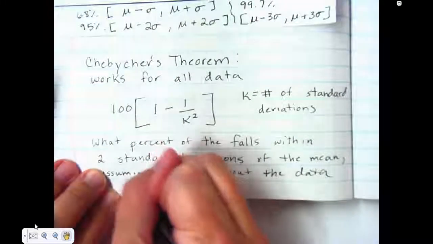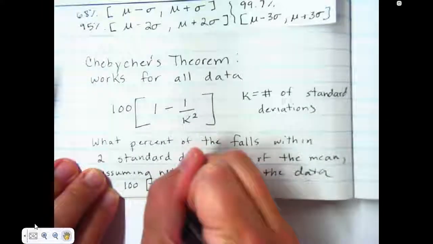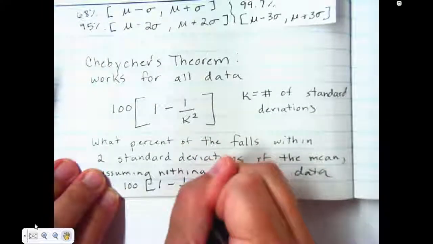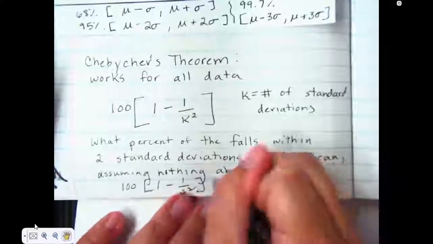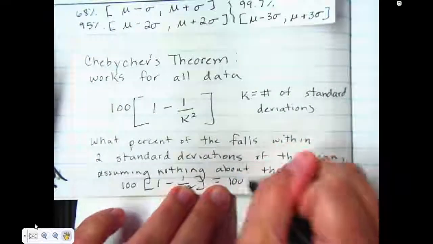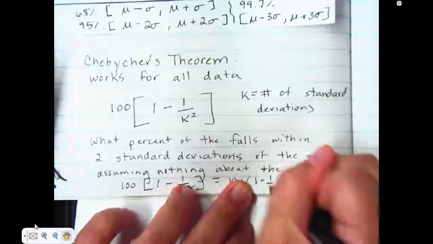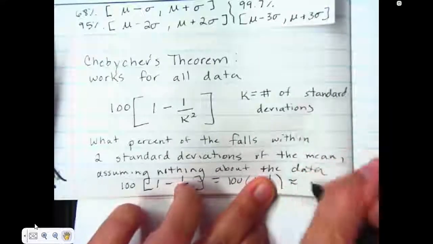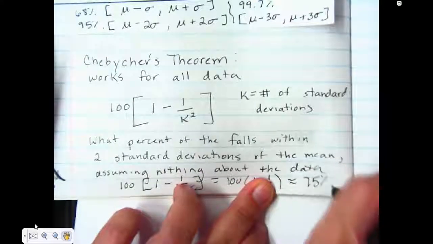For the percent, I'm going to take 100 times 1 minus 1 over 2 squared. That gives me 100 times 1 minus 1/4. And I'm going to have approximately 75% of the data.